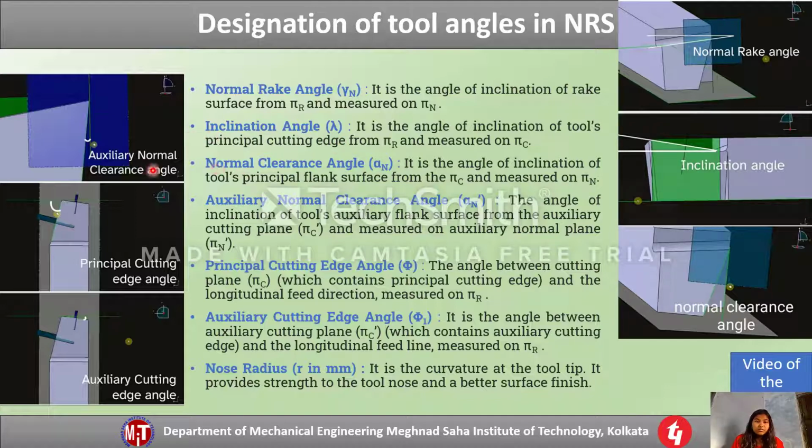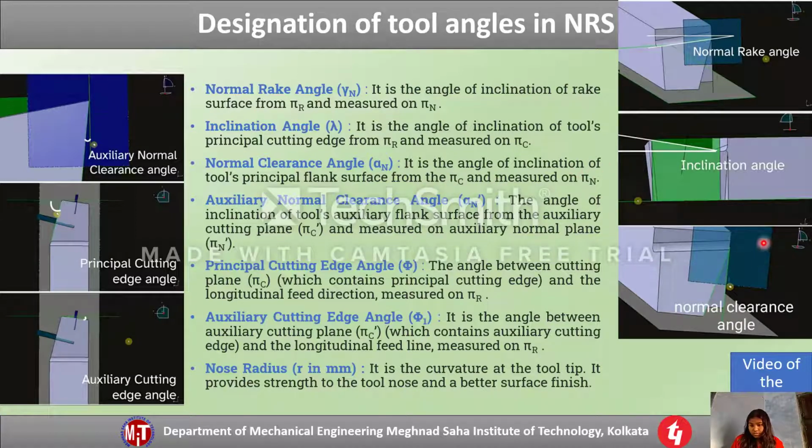Now next is the normal clearance angle, or alpha n. It is the angle of inclination of the tool's principal flank surface from pi c and measured on pi n. I will repeat. This is the angle of inclination of the principal flank surface from pi c, the cutting plane, and measured on pi n, the normal plane.